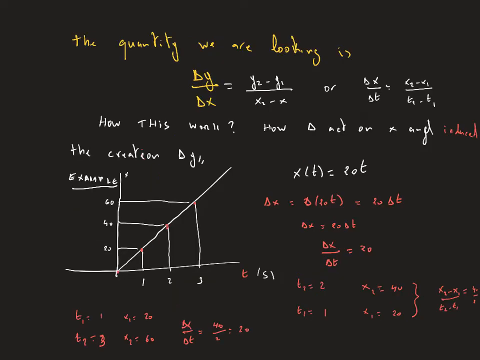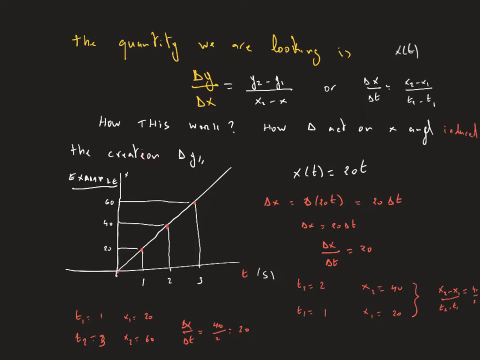So the quantity that we are looking for is delta y divided by delta x. This is y2 minus y1 over x2 minus x1, or maybe the function is x of t, and the quantity we are looking for is delta x divided by delta t.